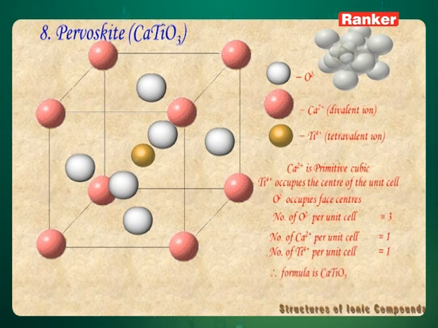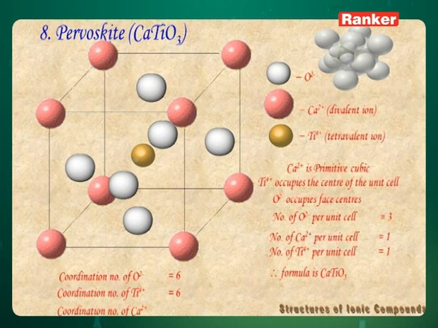So, the formula is CaTiO3. This is what we call perovskite. Coordination number for oxide is 6, for titanium it is 6 and for calcium it is 12. As you can see, each one is in contact with a number of differently colored spheres, and from that you can easily understand.